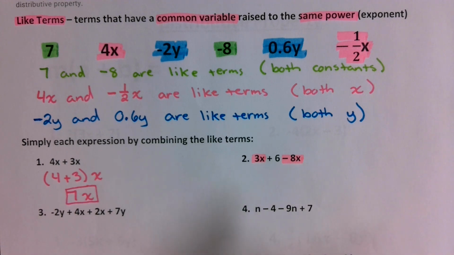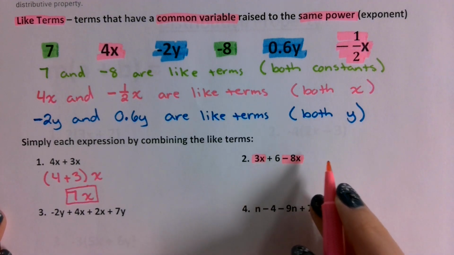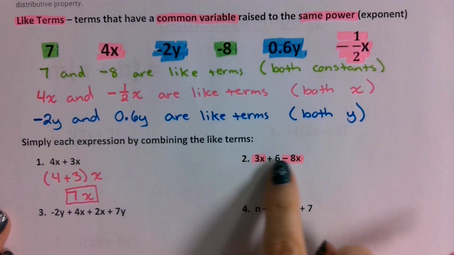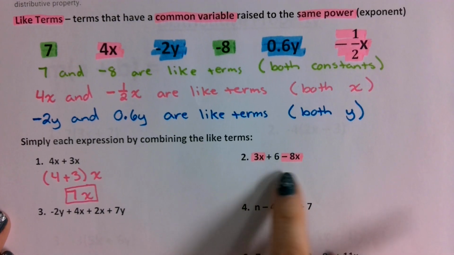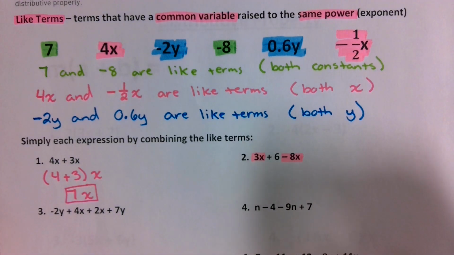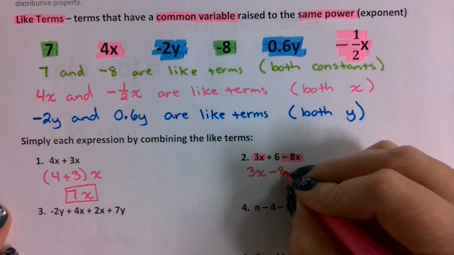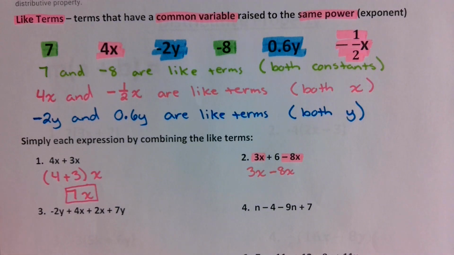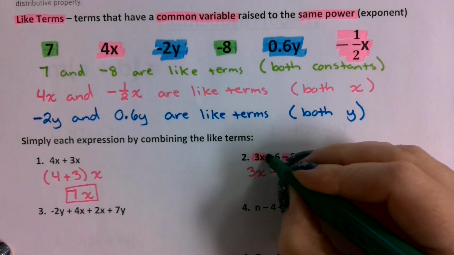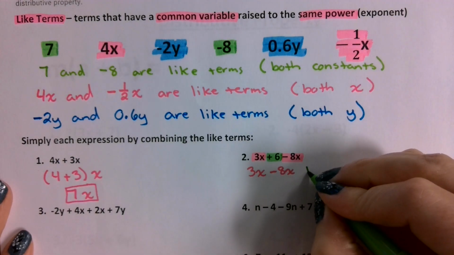And addition lets us know that we can change the order. Instead of saying 3x plus 6 minus the 8x, I can rewrite it as 3x minus the 8x, plus 6. That allows me to use my commutative property. So knowing our properties allows us to rewrite so that we can have like terms side by side to focus on, and whatever's not a like term can be pushed off to the side, like that plus 6. That plus 6 is not considered a like term, so I'm just going to write it off to the side here.